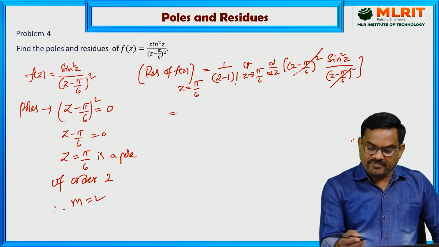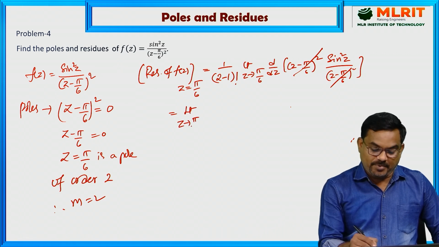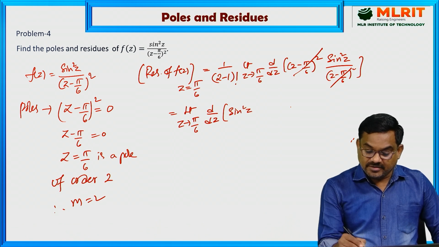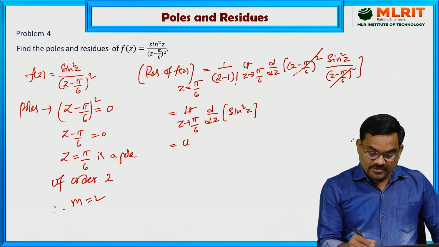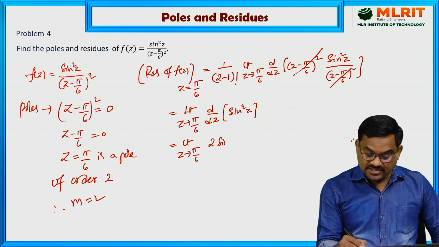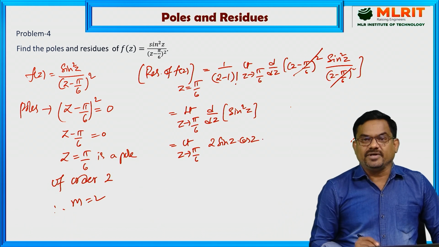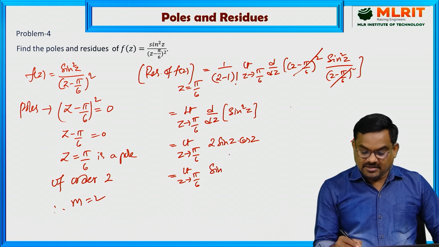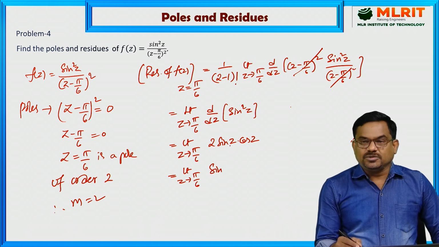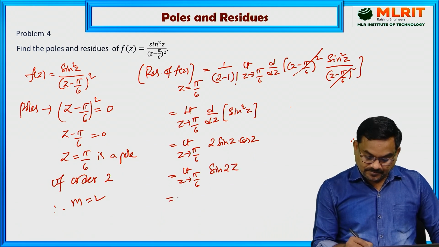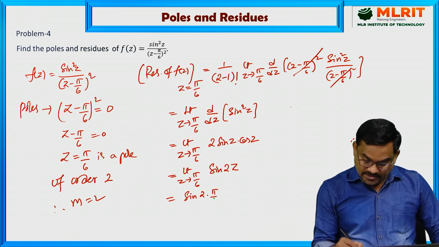Now this is 1 by 1 factorial, which is 1, limit z tends to pi by 6, the derivative of sin square z, just the first order derivative. So limit z tends to pi by 6, the derivative of sin square z is 2 sin z into the inner function derivative cos z, which is in the form of 2 sin theta cos theta, which is equal to sin 2 theta. So sin 2z. Apply the limit as z tends to pi by 6, 2 into pi by 6.